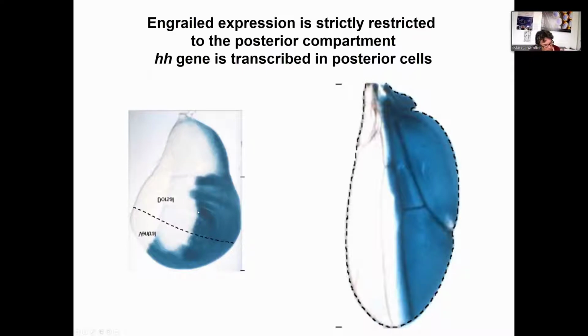If you already know that from the very early embryo on, you have cells that make engrailed and cells that don't make engrailed, how could you make a stripe? You can think about it. I don't know how many ways there are. You could say DBP should be repressed by engrailed, so it cannot be anywhere where engrailed is, and then you don't have a stripe, but you have a region here.